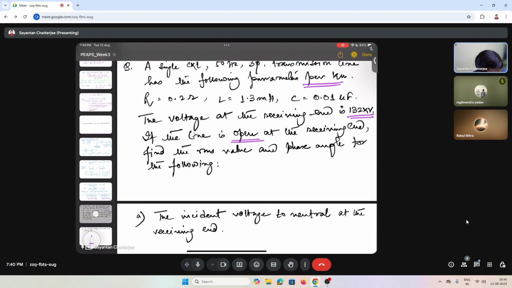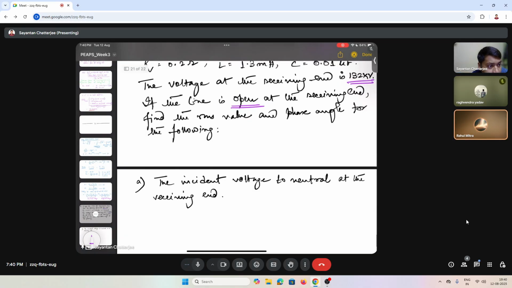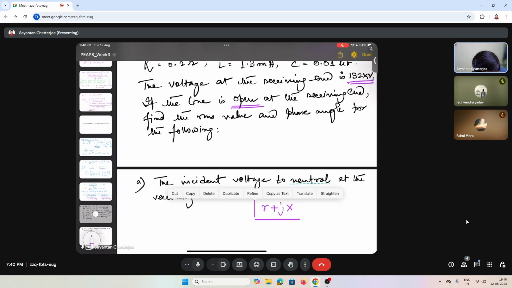Since R and kV are given, in the numerator we calculate the characteristic impedance. The upper one is Z, and this one is Y, right? Characteristic impedance ZC.